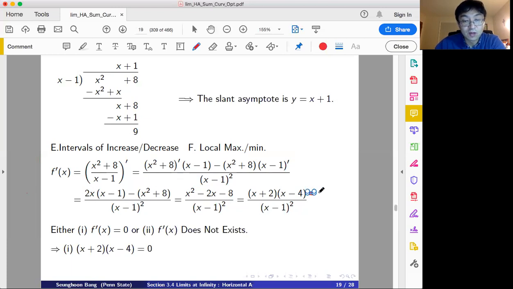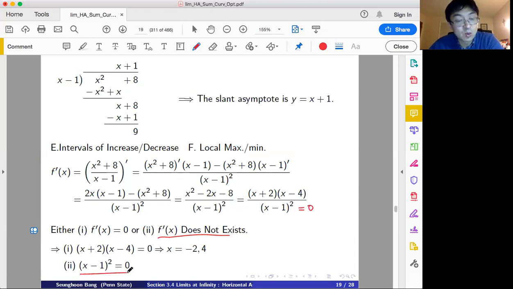Only the numerator equal to 0. You solve x equals negative 2 and 4. Second, f prime of x does not exist exactly when the denominator equals 0. We have x minus 1 squared equal to 0. x is 1. We have 3 points.